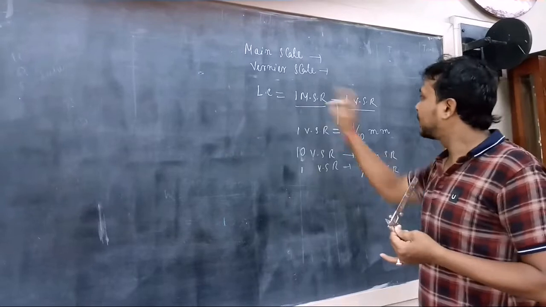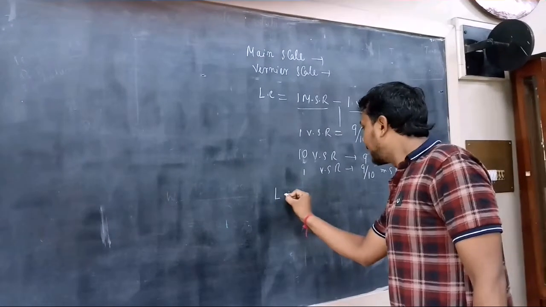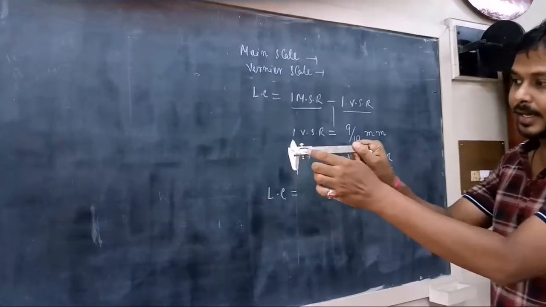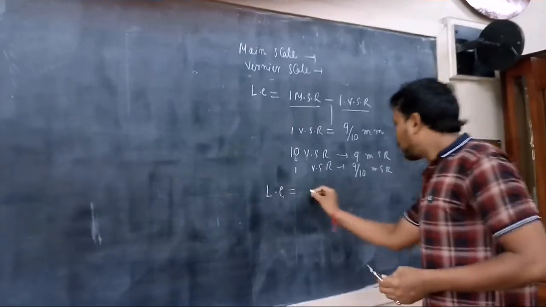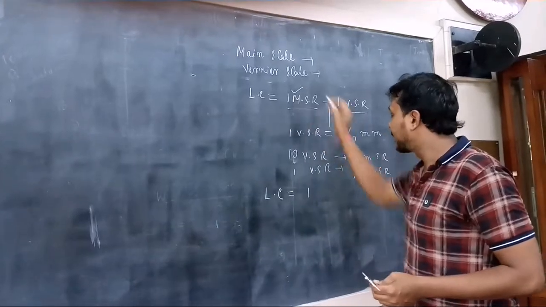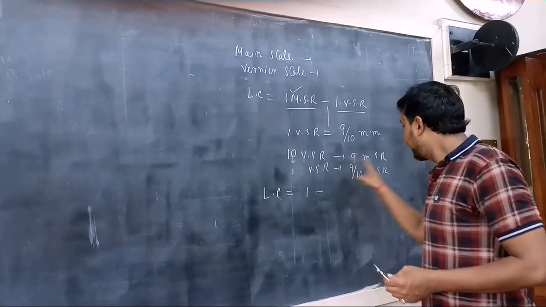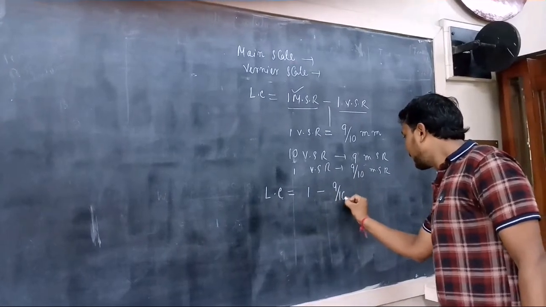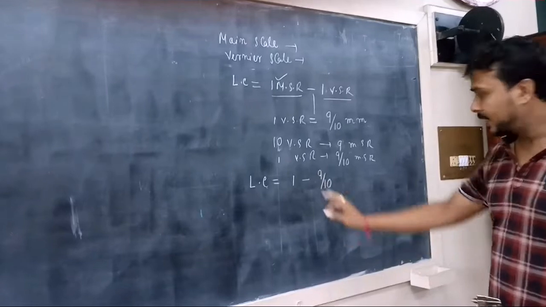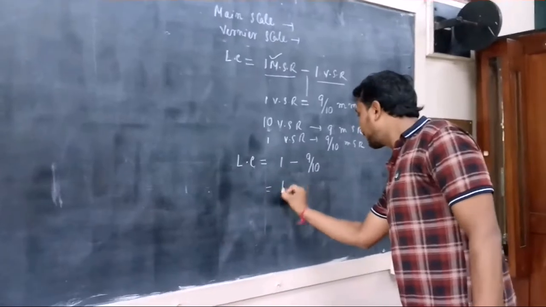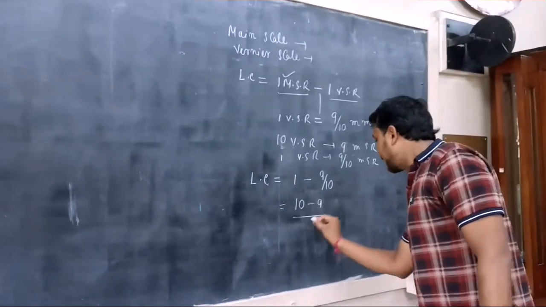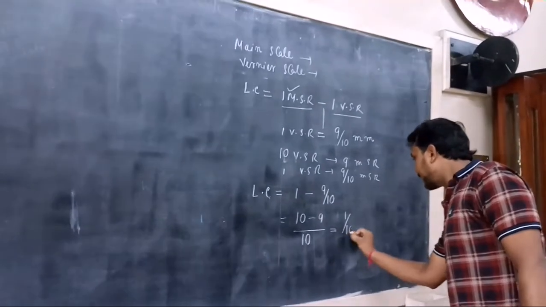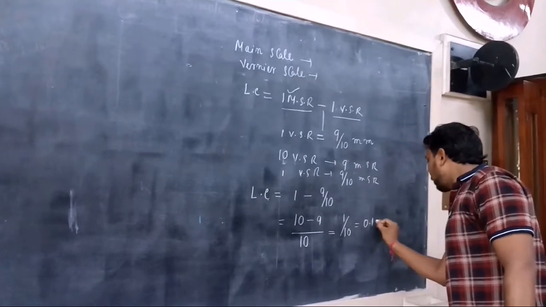Now to calculate the least count, LC: these are all given in millimeters. So 1 millimeter is the main scale reading, and the vernier scale reading is 9 by 10 millimeter. If you calculate, it is (10 minus 9) divided by 10, so it will come as 1 by 10, that means 0.1 mm.